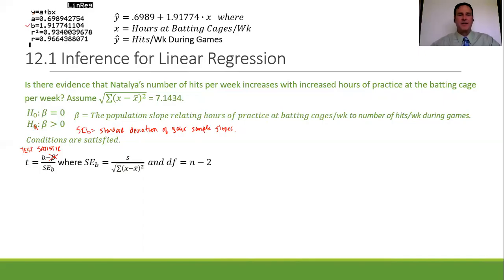The standard deviation of those slopes, or how far on average those are from the population slope, is your SEB.